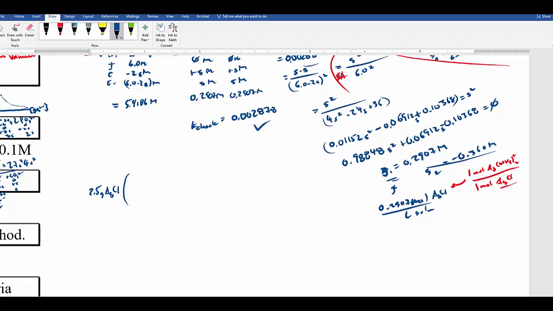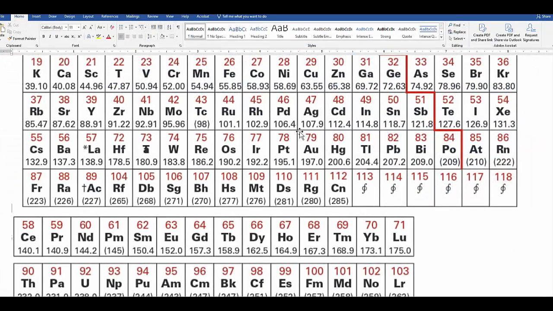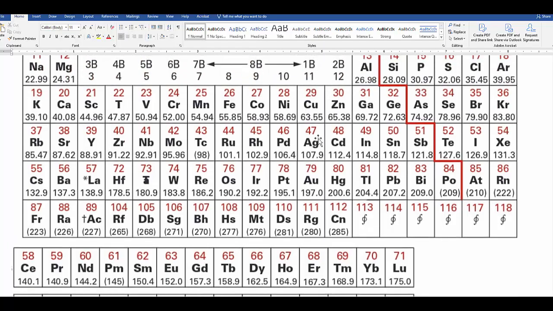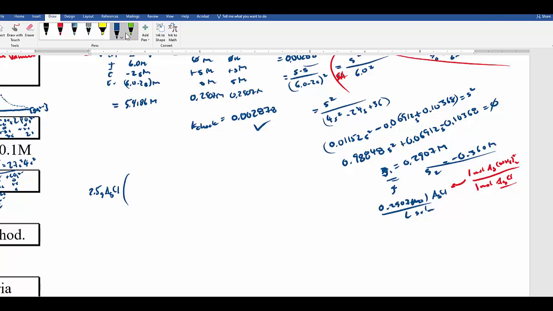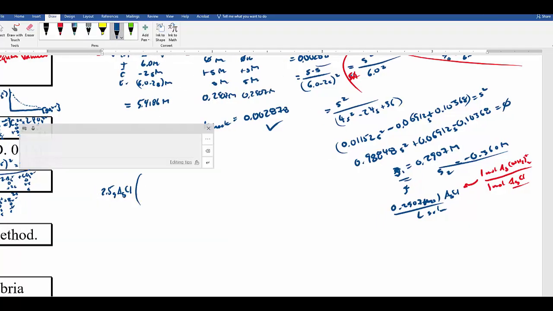It's all right. We don't have to be that precise. So 107.9 plus 35.45, 143.44 with this periodic table. Yours could be a little different because most periodic tables will do silver to 2 decimal places.